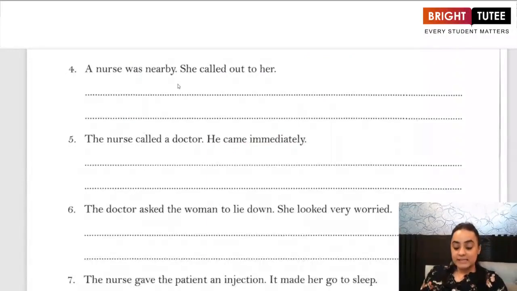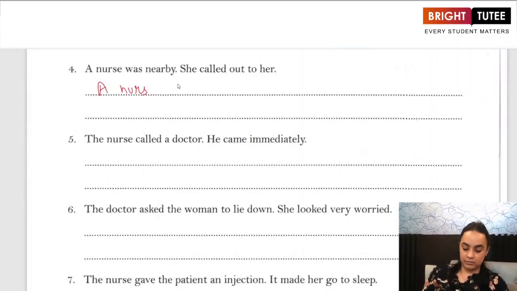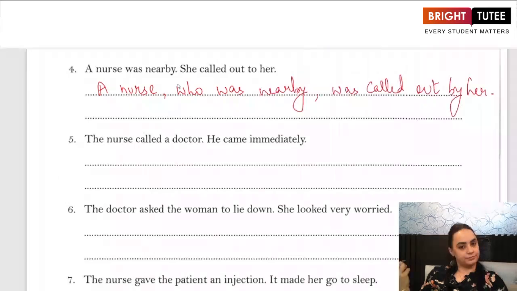A nurse was nearby. She called out to her. So a nurse who was nearby was called out by her. Let us look at the other sentence. The nurse called a doctor.